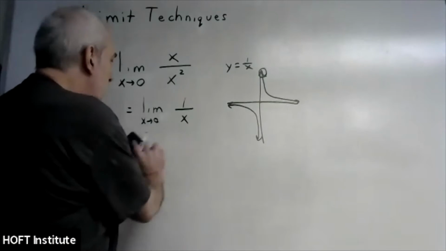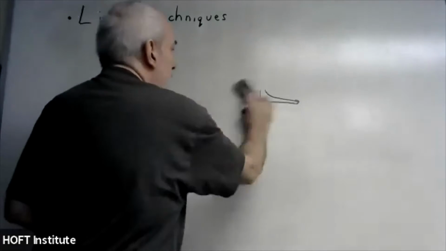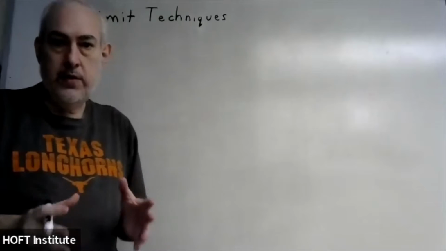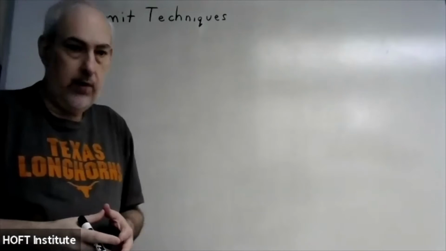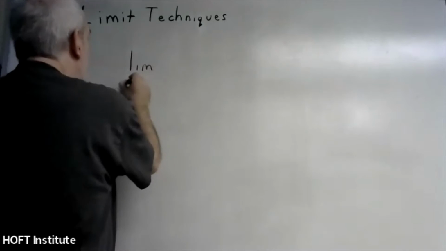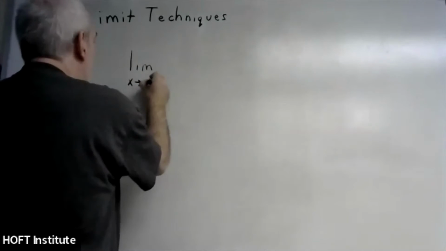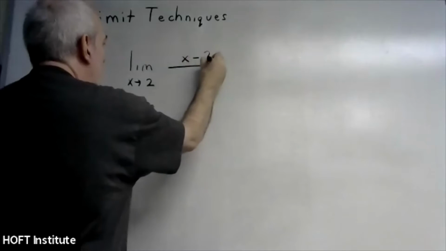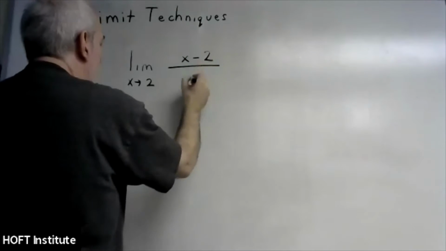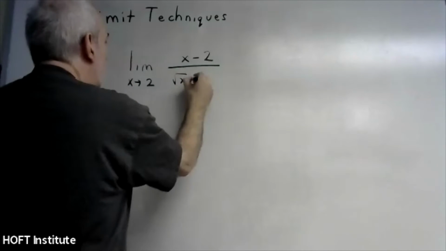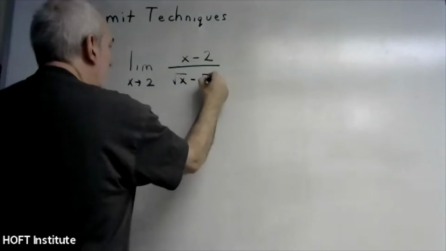Okay, let's look at another problem that we will have to use another technique to solve, okay? Let's say that we have a limit as x approaches 2 of x minus 2 over, we'll just do square root of x minus square root of 2.